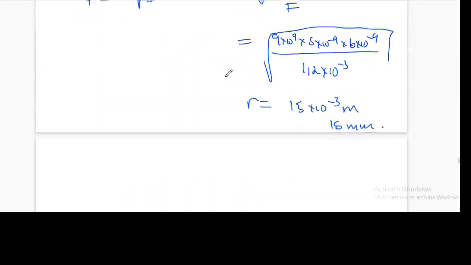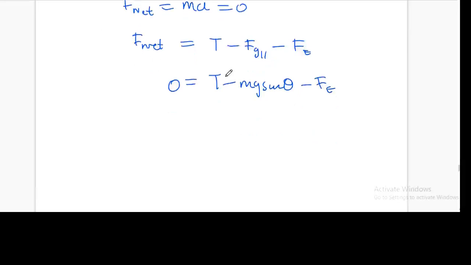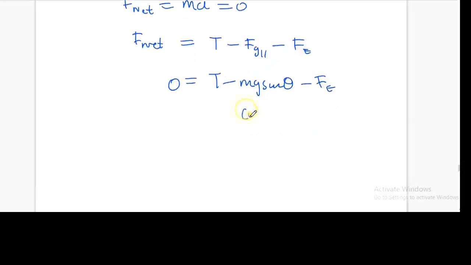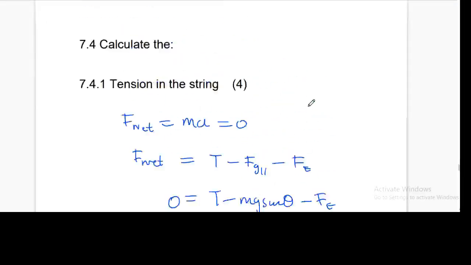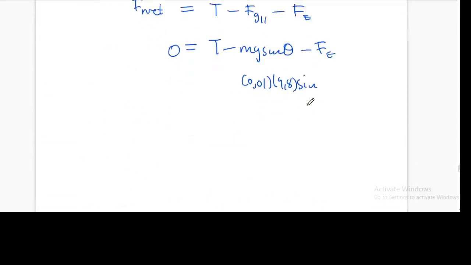What is the mass and the angle there? The mass is 0.01 kg. So here: 0.01 kg times 9.8, times the sine of 25 degrees, minus 1.2 times 10 to the power minus 3 newtons. T is equal to that.